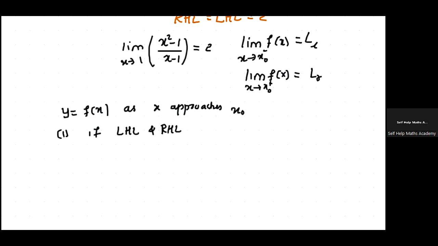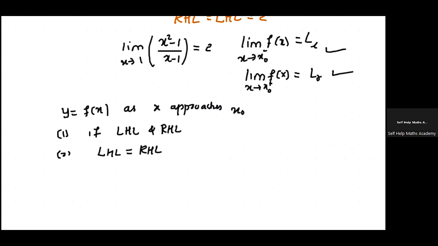So these two conditions are important, that is, the left hand limit should exist and the right hand side limit should exist. Second thing is both should be equal. The left hand side limit should be equal to the right hand side limit.